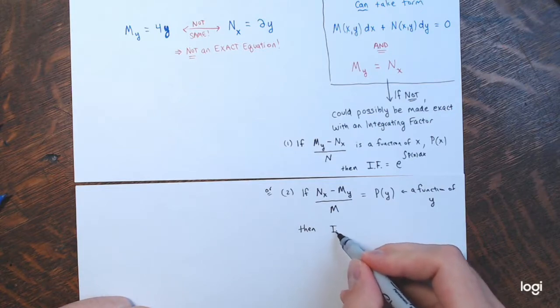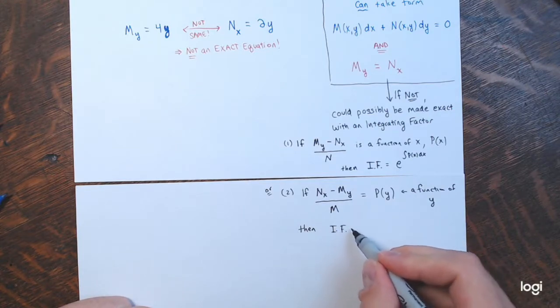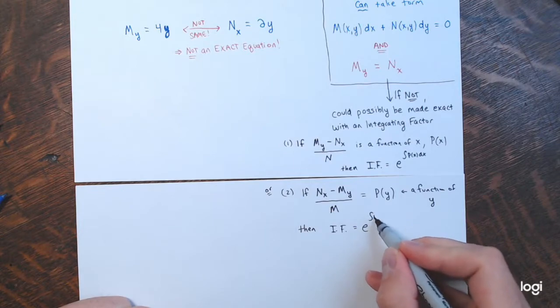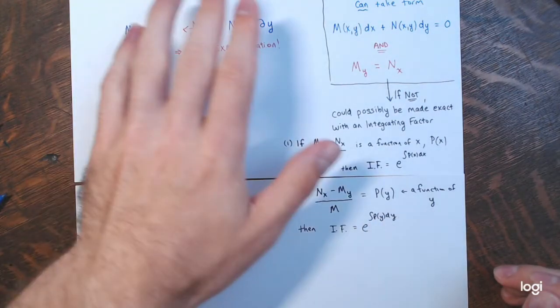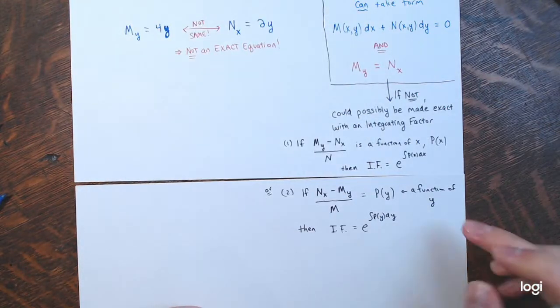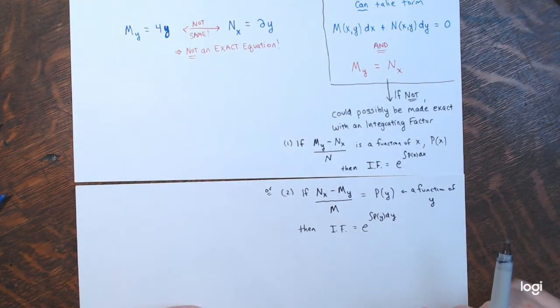The integrating factor will be e to the integral of P of y dy. And then we'll multiply both sides of the equation by this integrating factor, and then we should have an exact equation and go from there to solve it.